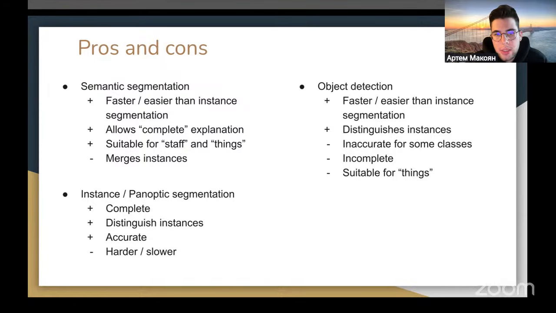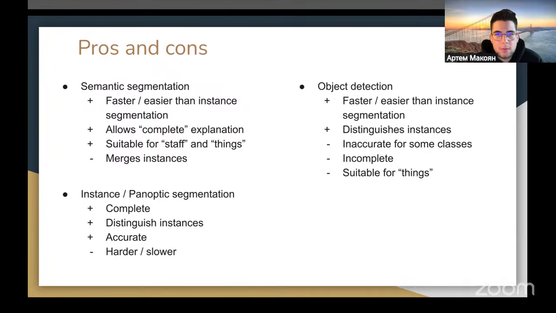What I mean by stuff and things: the problem of object detection is that it can't, for example, detect the sky, because the sky has a very complex shape. And if we put it inside a bounding box, the bounding box will include the whole image.